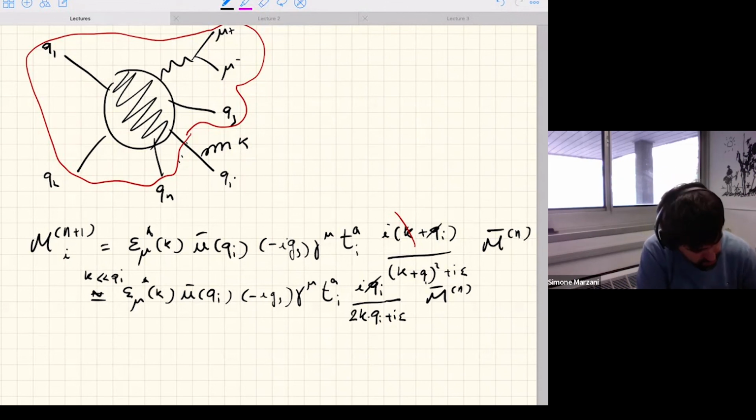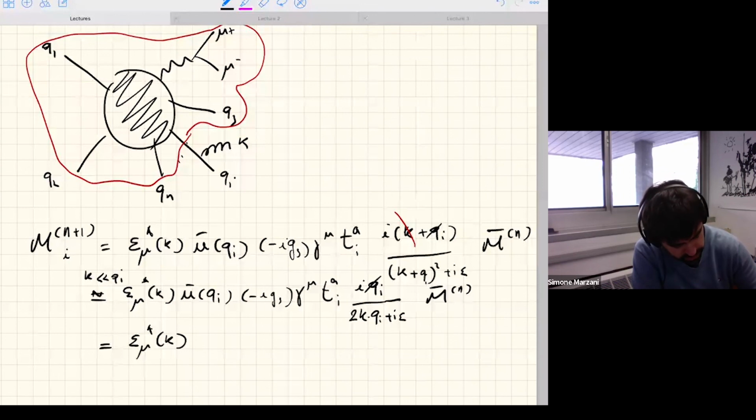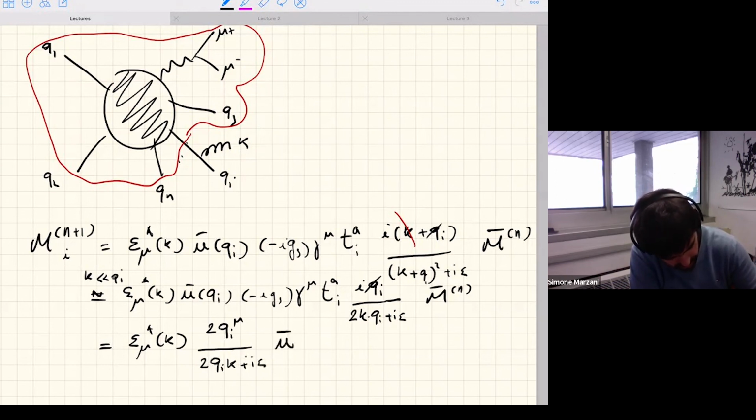And so the only term that survives by using the Dirac equation is epsilon mu. I guess I need to write down this formula, and then we're done for today. Divided by 2 Qi dot k plus i epsilon, and then I have u bar of Qi, T^A, and the reduced matrix element.